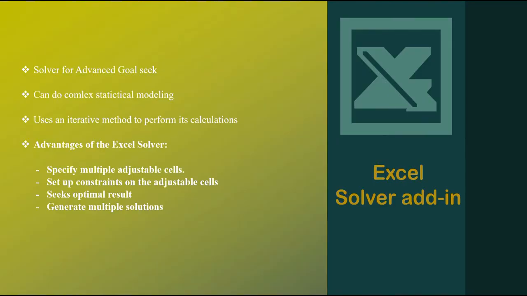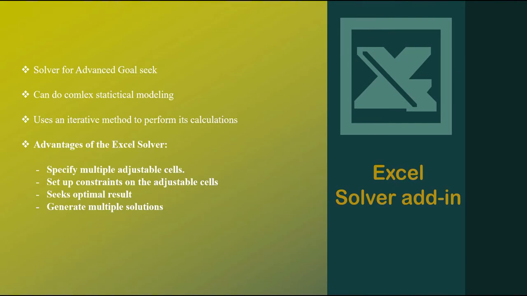Solver. Solver is an add-in program you can use for what-if analysis. This Excel feature is for solving more complex problems that GoalSeek can solve for. So basically, Solver is for advanced GoalSeek. Because GoalSeek is just restricted to changing one single input, while Solver finds the optimal solution to a problem by changing multiple variables.